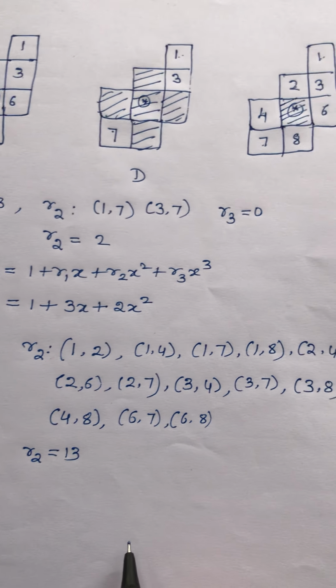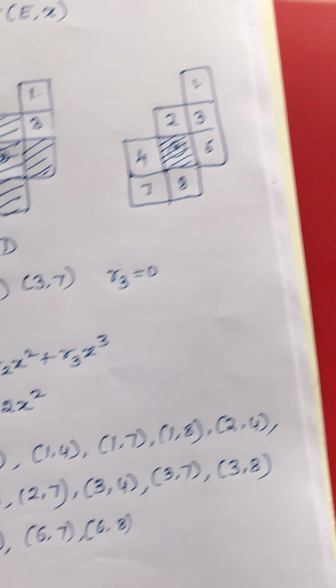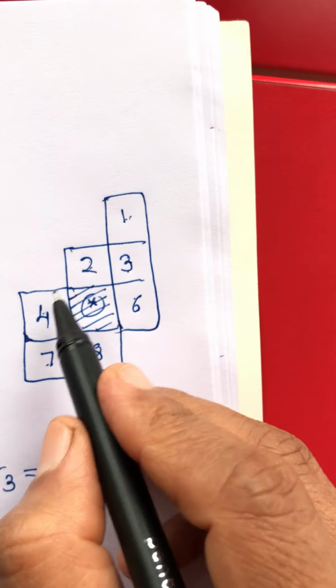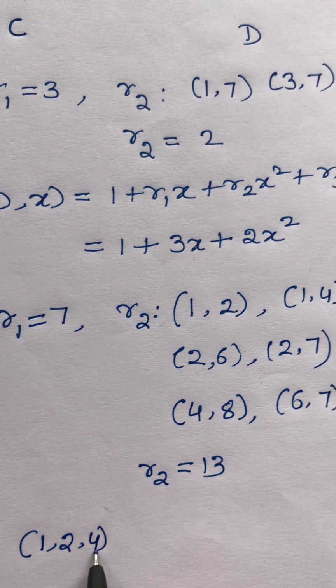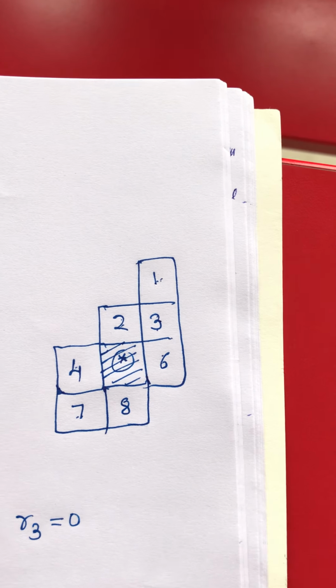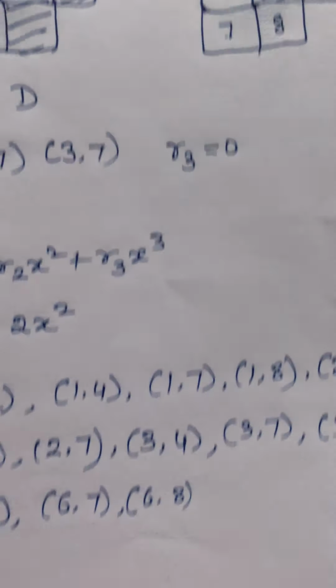What about R3 now? Is it possible? Let's check. R3 is 1, 2, 4. Then 1, 2, 7. Next 1, 4, 8.